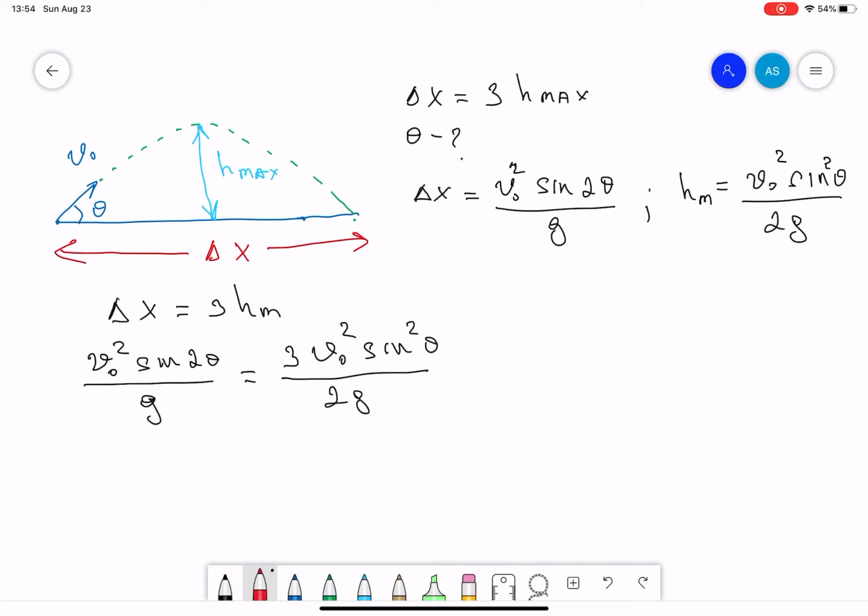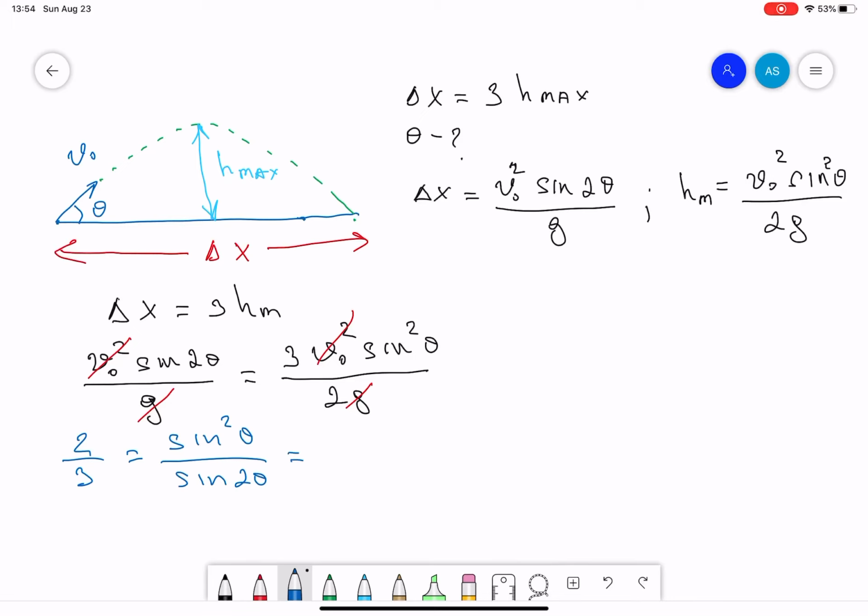Obviously we can cancel the v initial and the g. Then let's make a cross multiplication, so 2 over 3 is equal to sine squared theta divided by sine 2 theta.